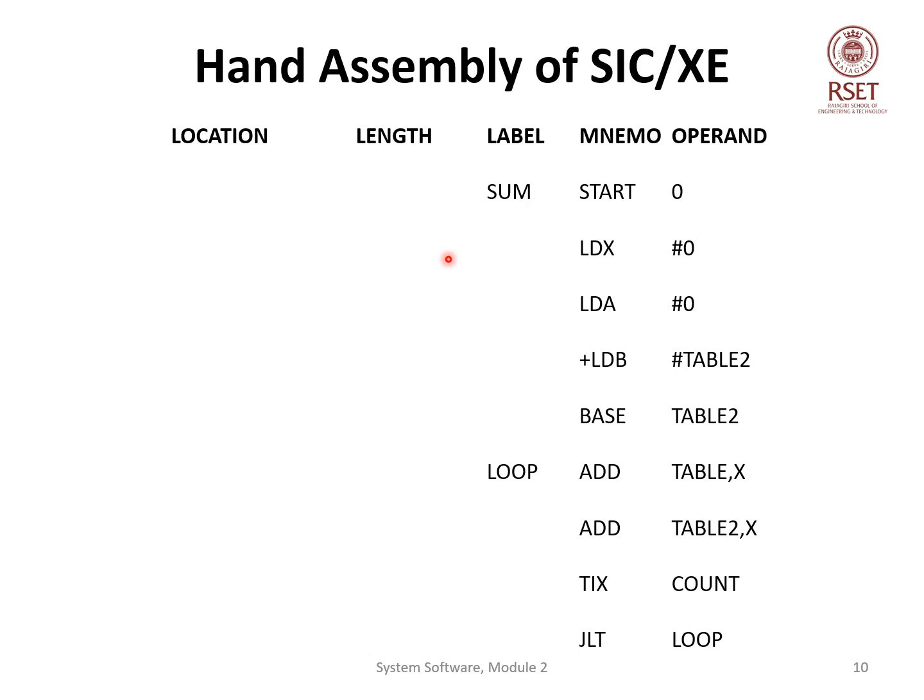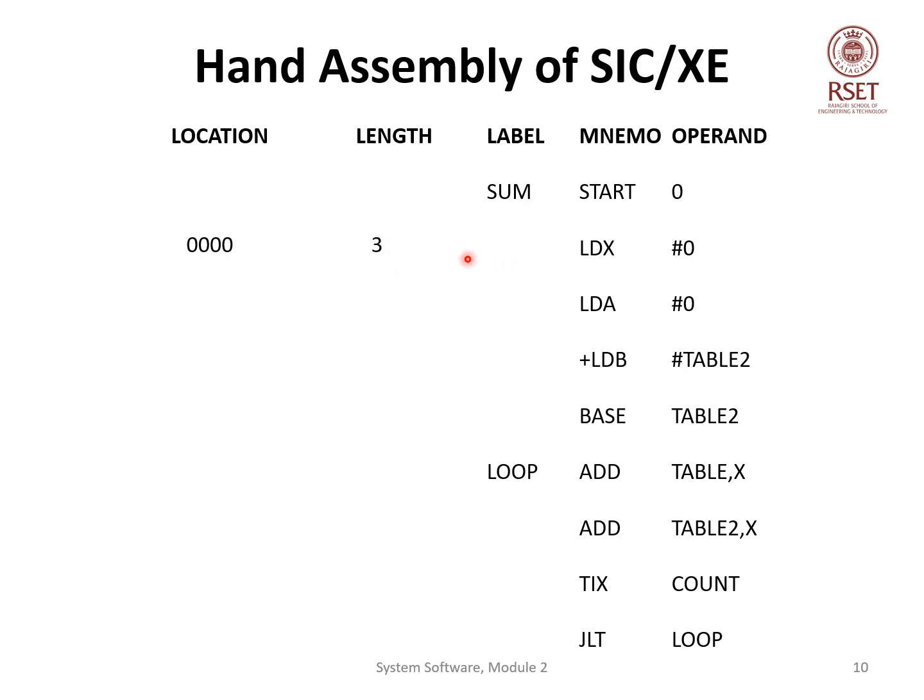Now the address for storing LDX is the address 0. Why? Because this is the first executable address, and the starting address is 000 as we have obtained from the START statement. Then the length of LDX #0 is 3.